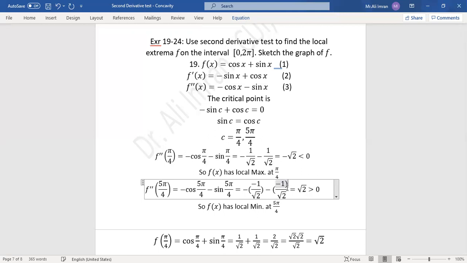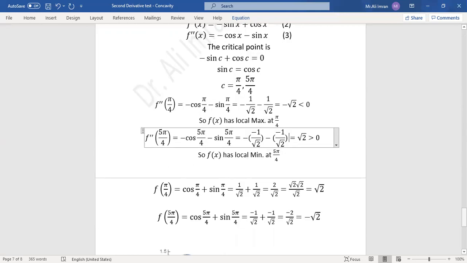After simplification we will get the value of the second derivative at x equal to 5 pi by 4 is equal to square root of 2, which is greater than 0. This means that f has a local minima at 5 pi by 4.